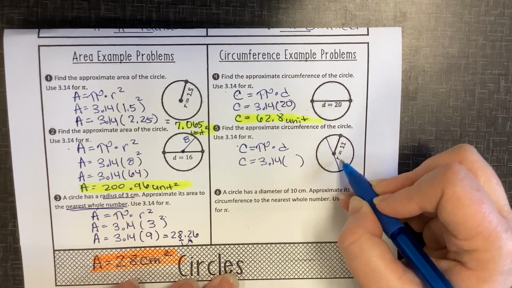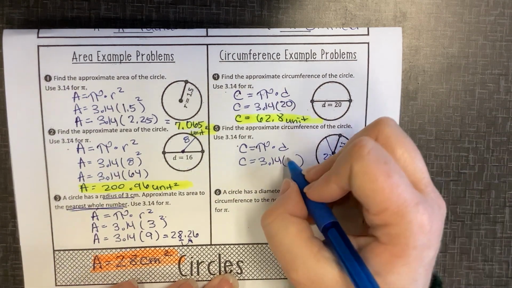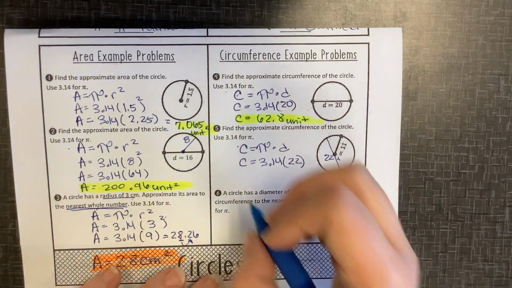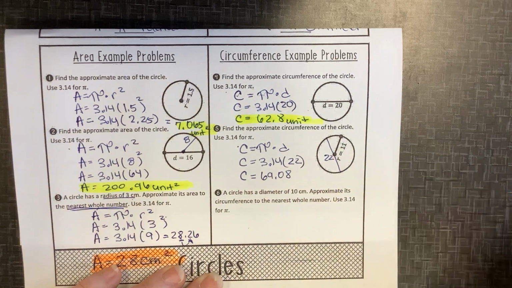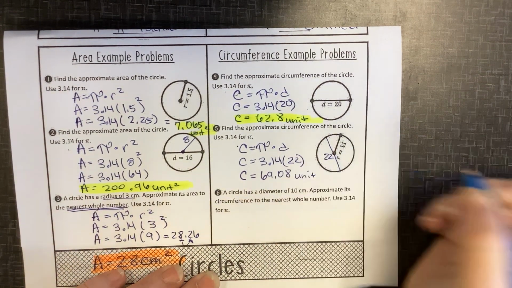So my 11 times 2 is 22. So my diameter is 22. So 3.14 times 22. And my circumference is 69 and 8/100ths. Again, unit.